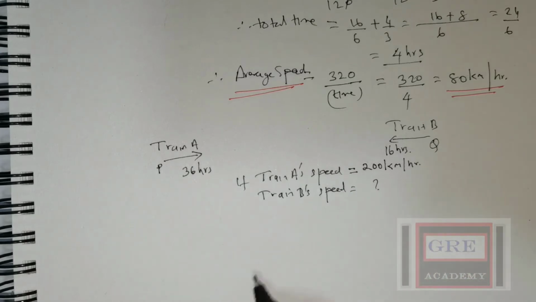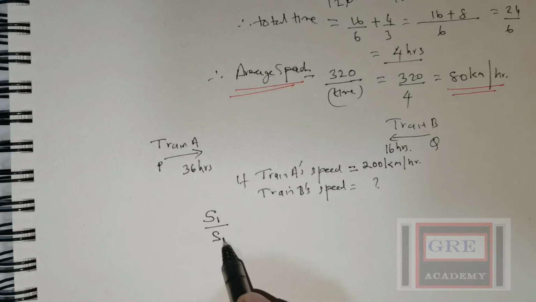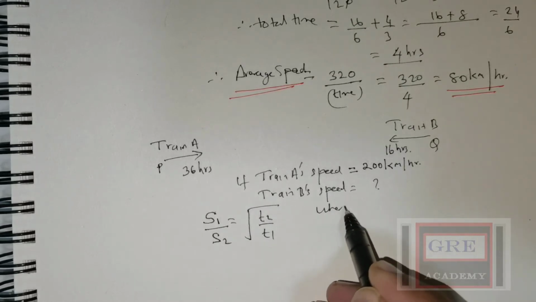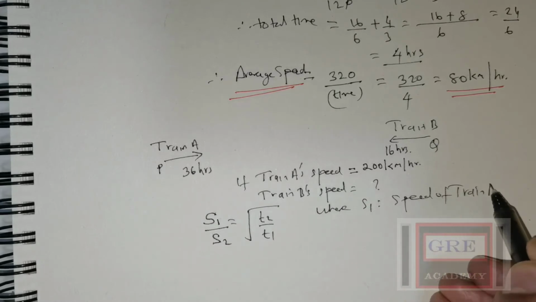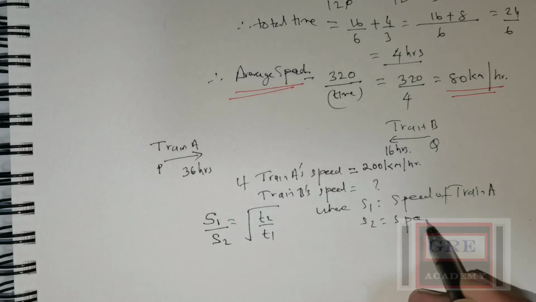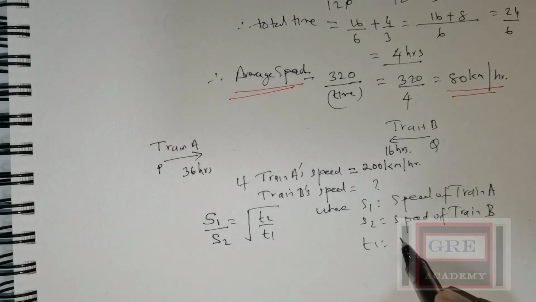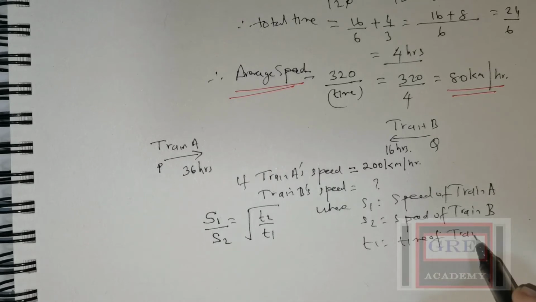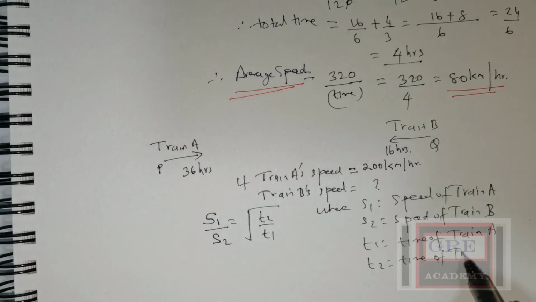Now there is a formula which is given as S1 divided by S2 is equal to the square root of T2 over T1, where S1 is the speed of train A and S2 is the speed of train B. T1 is the time it takes for train A to reach its destination, and T2 is the time it takes train B to reach its destination.